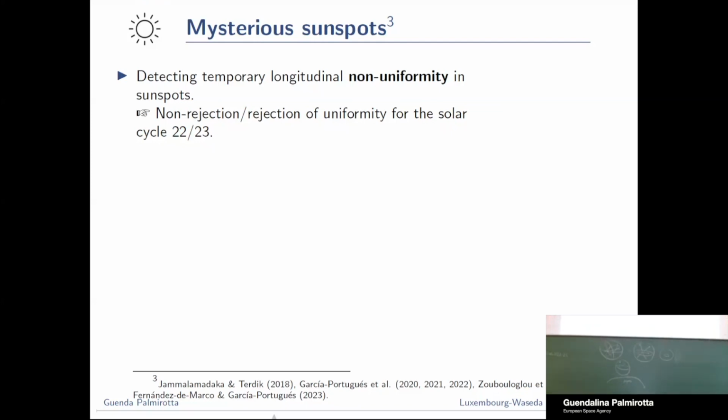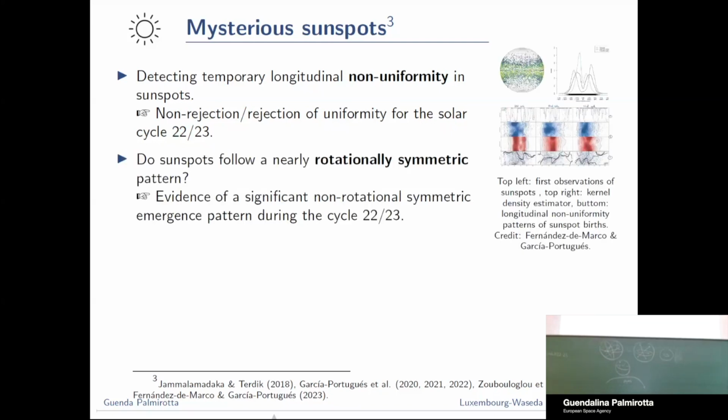We can use directional statistics. So one way to do it is to test if they are uniformly distributed. For example, here in this case, there's no rejection of this uniformity. Here it was for cycle 22-23. We can also have another method to analyze the sunspots, since sunspots have rotational symmetry.